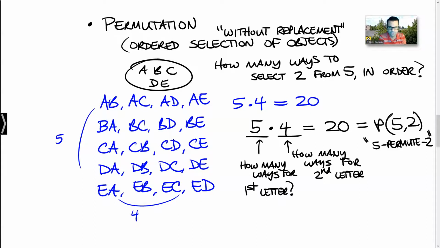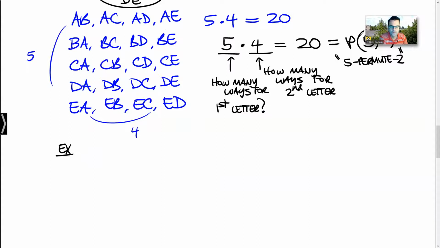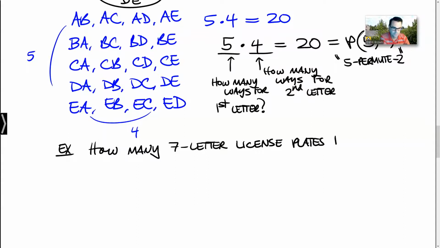Okay, let's go through some other examples. How many 7-letter license plates are there if no letter can be repeated? This is equivalent to the problem of a permutation of 7 out of 26 letters in the alphabet.